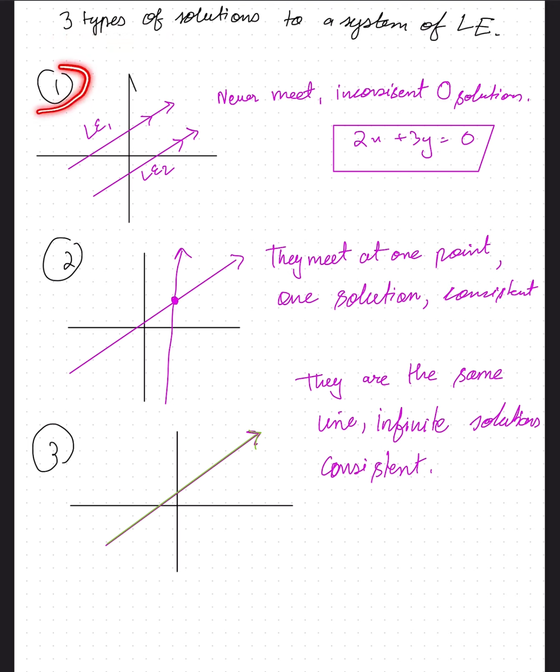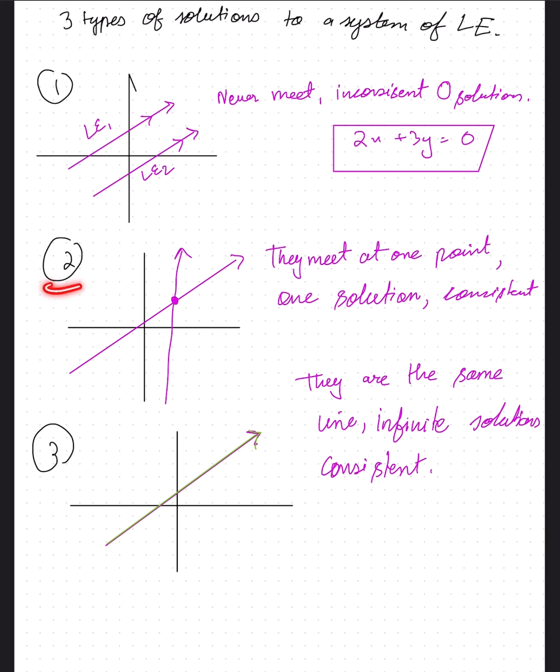I don't know if it's the most common one, but the first one is an inconsistent system, which has zero solutions. Imagine two linear equations, this is the first one and this is the second one. If they're parallel and they never meet, that means the system is inconsistent and there's no solution.